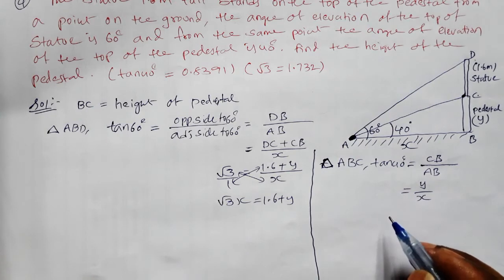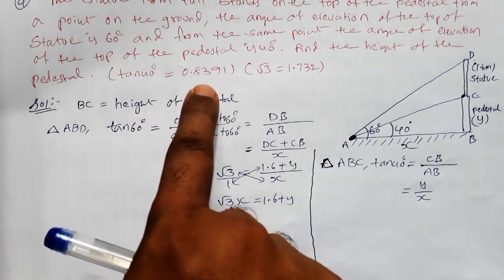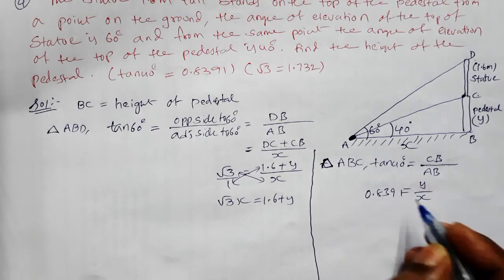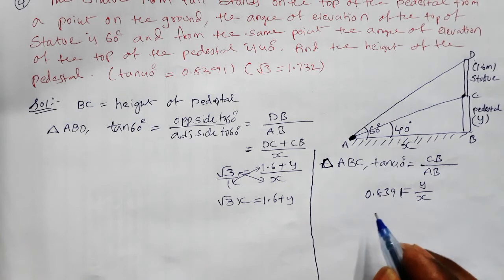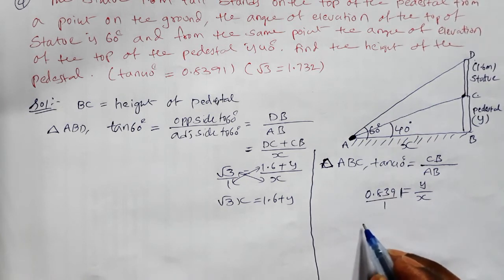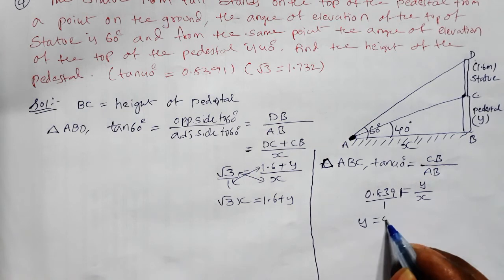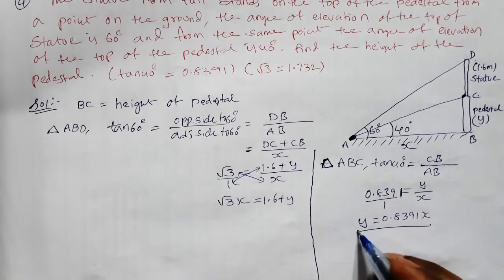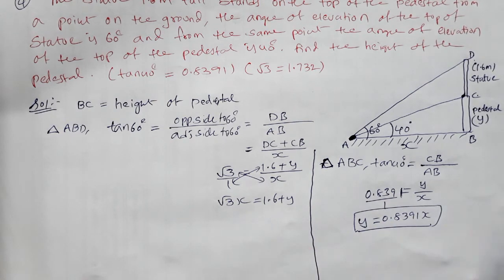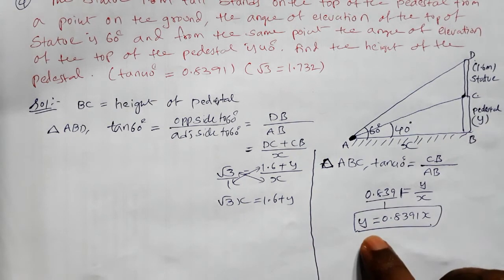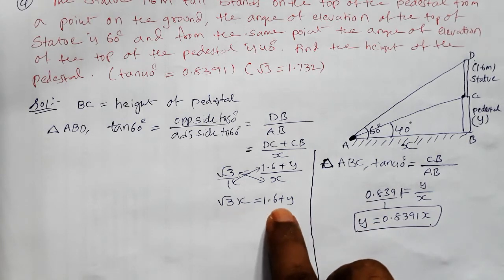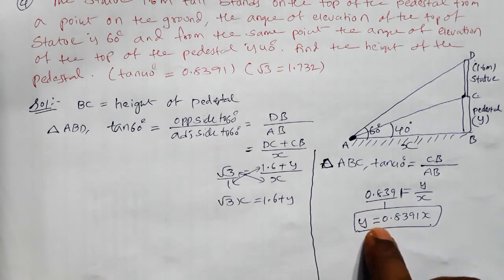Tan 40 they gave in the problem, 0.8391. Then do cross multiplication. You will get y equals 0.8391x. Only the y answer we have to find out. Now this y answer we substitute here.